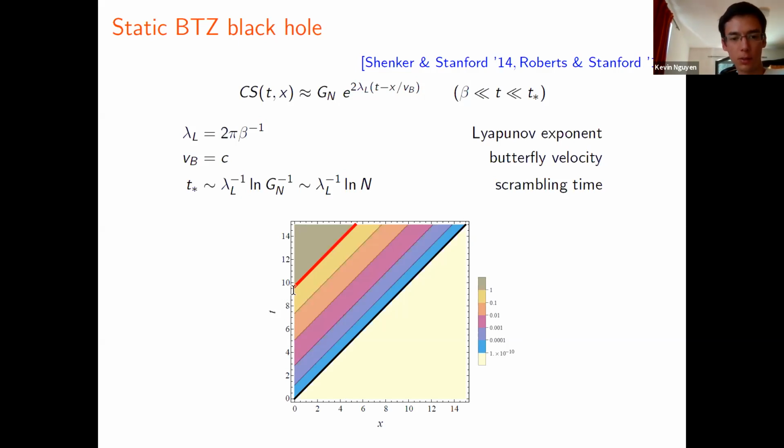And so then you follow the line of value 1 for the commutator squared, which is this red line, and this defines for you the butterfly velocity. So this describes the growth of the region where information has been efficiently scrambled. Okay, so any question at this point?